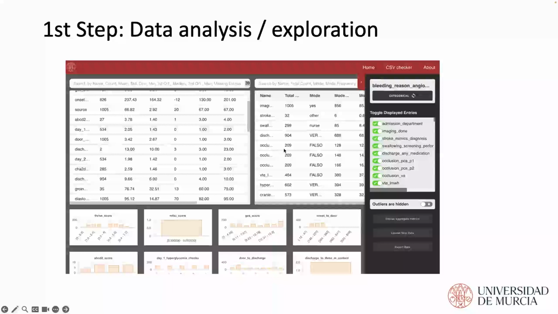Here we have the main interface of the tool implemented to explore the data and select the relevant variables. This runs at each data source site and shows these aggregated values and statistics of the data.